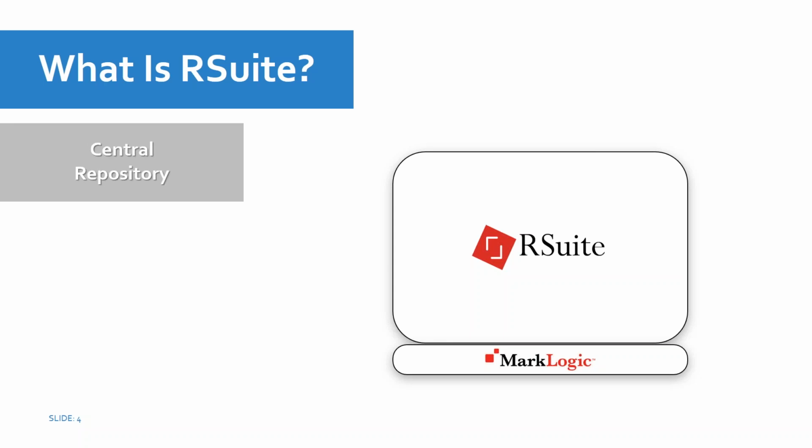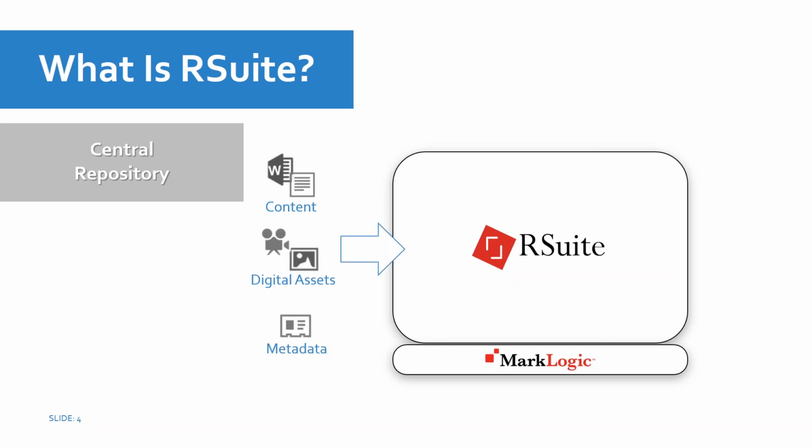First, RSuite serves as a central repository because it can store all of your content files and digital assets. RSuite can also manage metadata schemes, taxonomies, and controlled vocabularies. And RSuite has a robust search interface powered by MarkLogic that supports keyword, Boolean, and faceted searches. And because RSuite is a web-based application, it is available wherever your users are located.